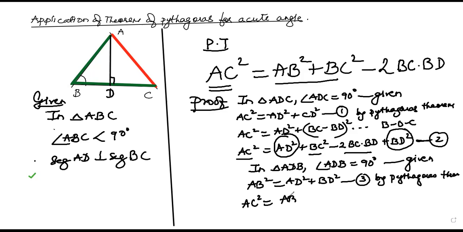AB square, plus BC square minus 2 BC BD. I think I got my formula. Okay, what I wanted from 2 and 3. Sure, children, this is the application of the theorem of Pythagoras for an acute angle. Got it? In the same way, you're going to learn the application of the theorem of Pythagoras for an obtuse angle.